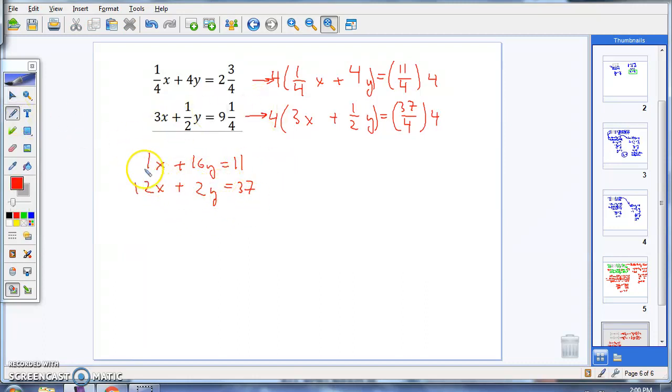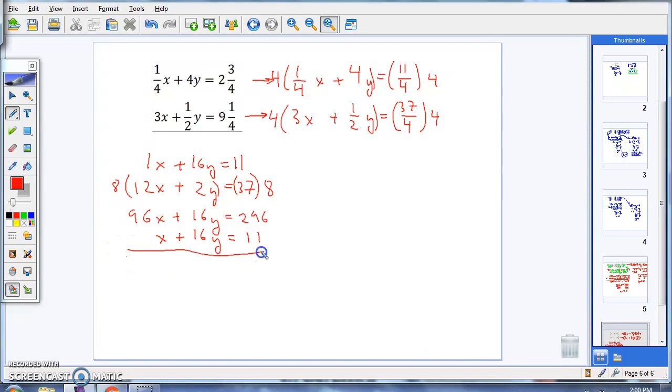Okay, so again, I need to multiply, and I'm going to get some really big numbers in here, but I'm going to do it anyway. I'm going to multiply this by 8. So 96x plus 16y is equal to 240 plus 56, which is 296. And then I've got x plus 16y is equal to 11.